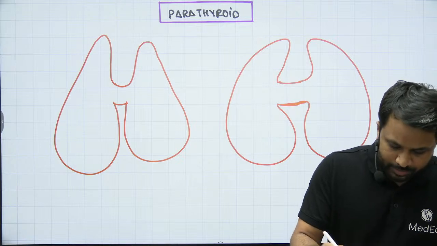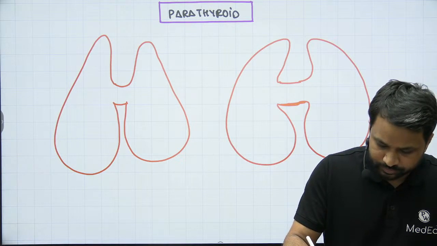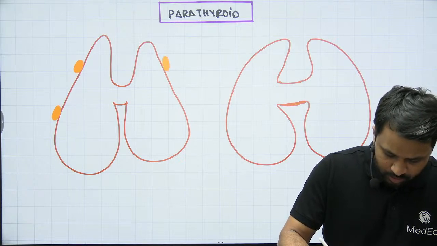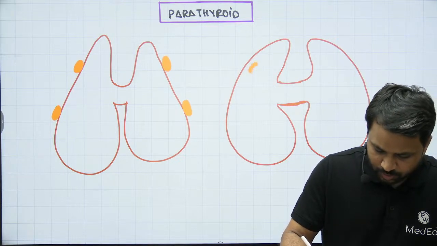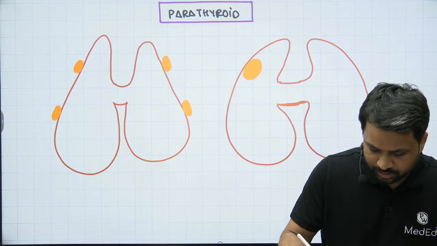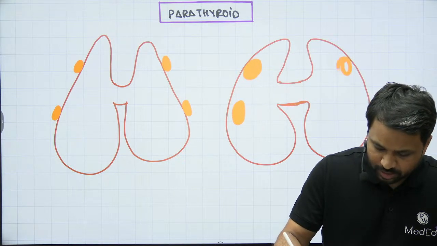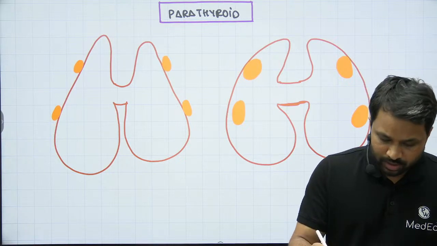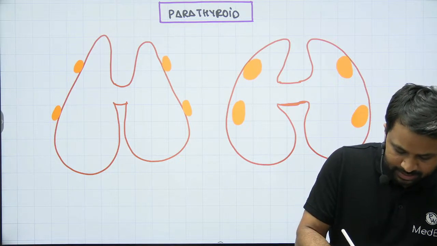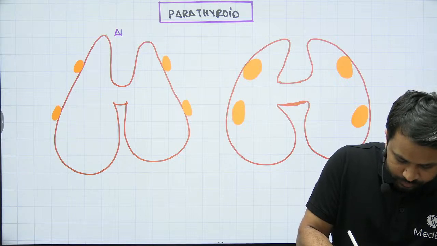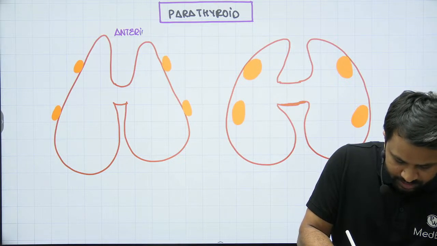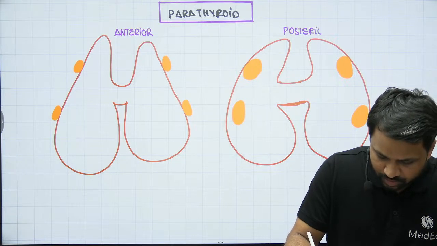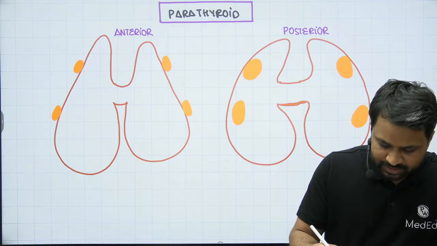You will see there is a paired gland present on the posterior surface of the thyroid gland, and this paired gland is what we call the parathyroid gland. This is the anterior view and this is the posterior view. You see this paired gland, these are your parathyroid glands.